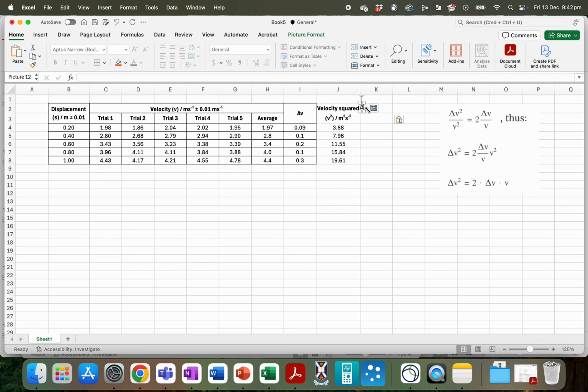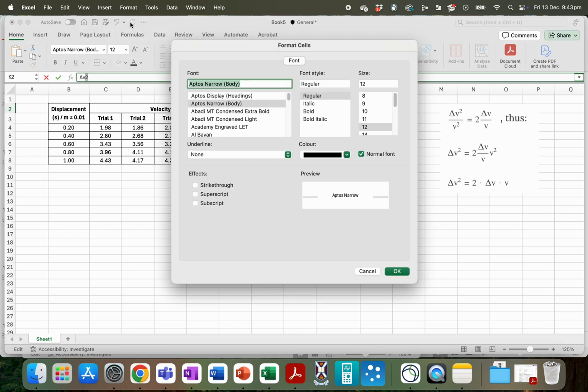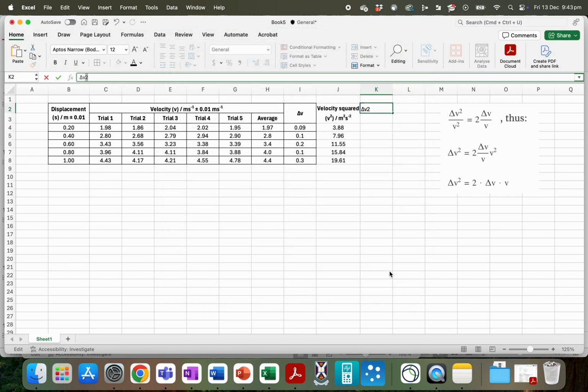Delta v. Okay, the easiest thing to do perhaps is to do it up here into the formula bar. So let's, yeah, okay, that's good. Okay, so there's the delta, so v squared. Okay, so we need to superscript the 2. Okay, same issue, must be general.